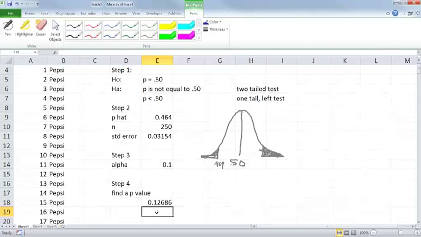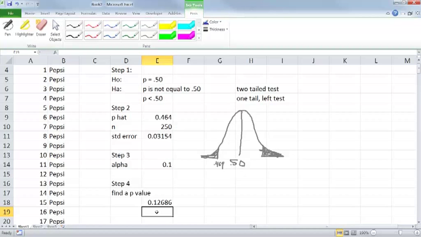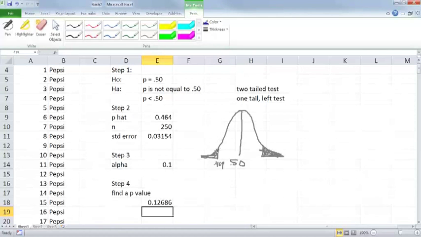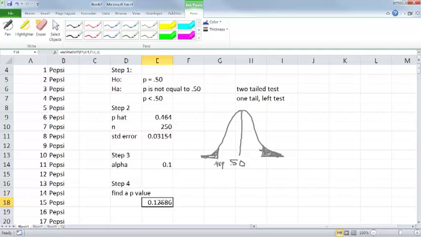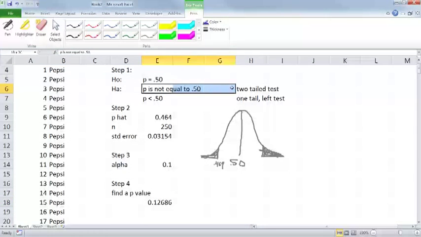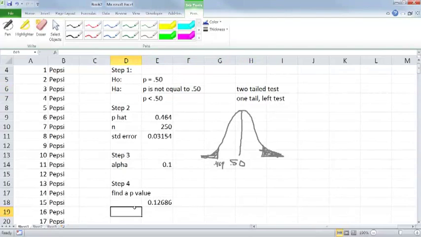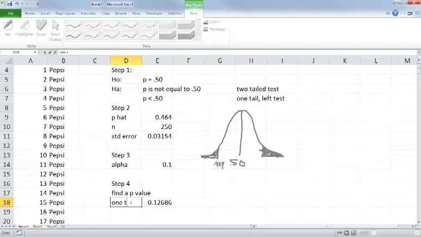The notes have some kind of funky formula that says go find the left side and the right side of your sample, and whichever one of those is smaller. You can just look at it and say the left side is definitely smaller. The right side is just 1 minus this. Whichever one is smaller, multiply it by 2. So again, now let's go back to this two-tailed test. I should write this: this is for a one-tailed test.